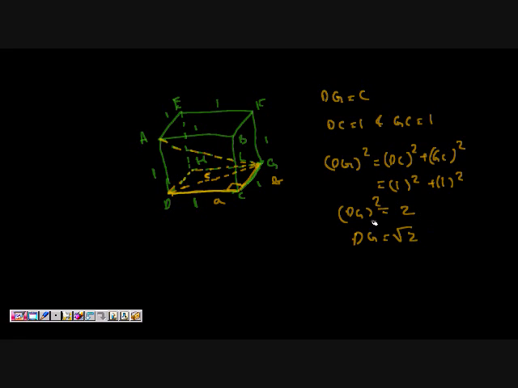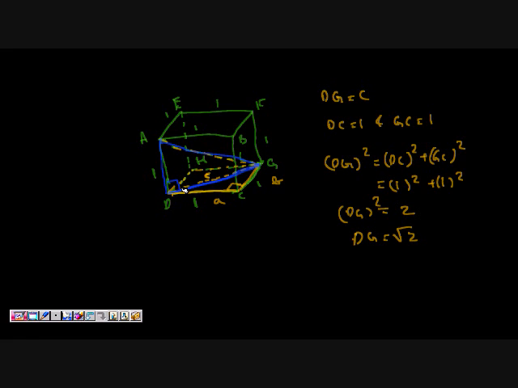Okay, now consider the triangle ADG. We know that angle ADG is 90 degrees.